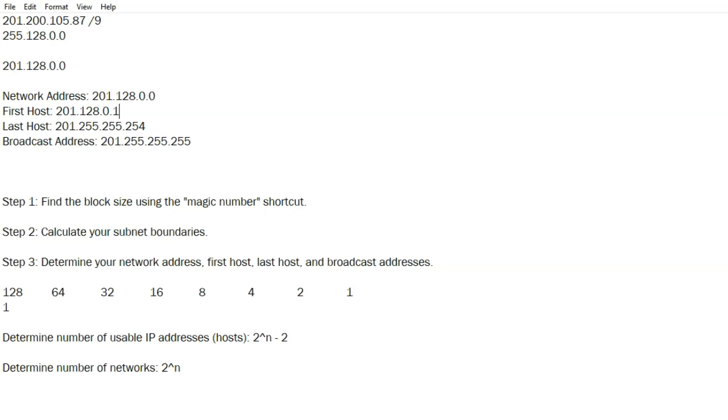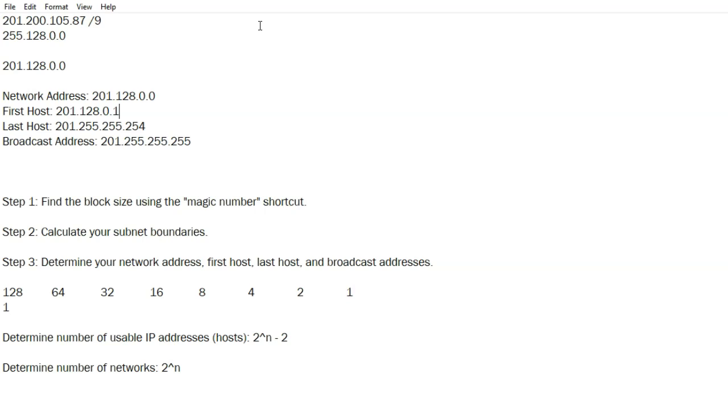Lastly, if you see any questions that ask you how many host IP addresses are assignable from a certain subnet based on either the subnet mask or CIDR notation, these are the formulas to determine that. This one here pertains to the number of usable IP addresses. So using this up here as an example with /9, this is a 32-bit value. So if I subtract 9 from 32, that would give me 23. And so therefore I would have 2 to the 23 minus 2 usable host IP addresses.